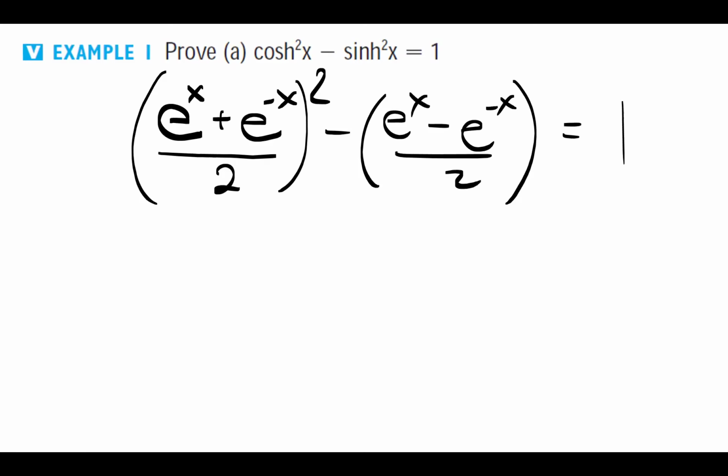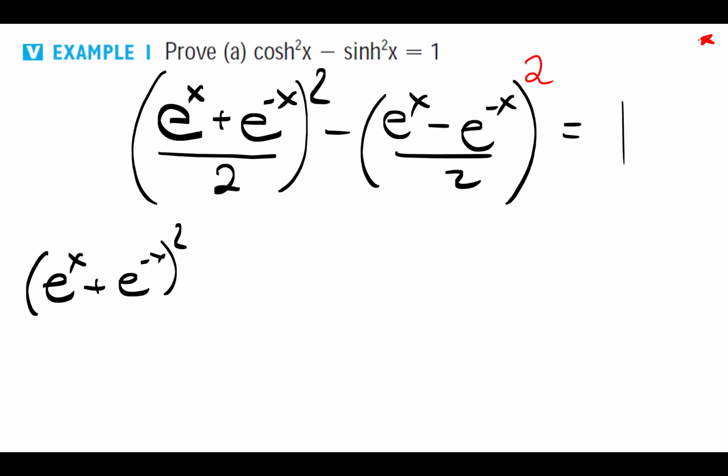All right, I'm going to give you a little bit of help here. If we were to FOIL this out, just to simplify the form, I'm moving off to the side just to FOIL things out. So e to the x plus e to the negative x, and there should have been a 2 right there.